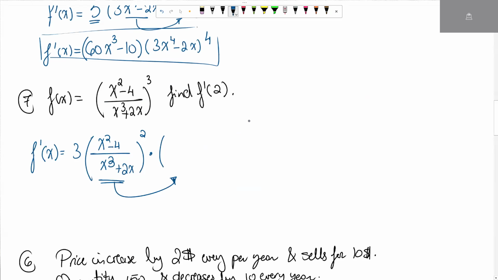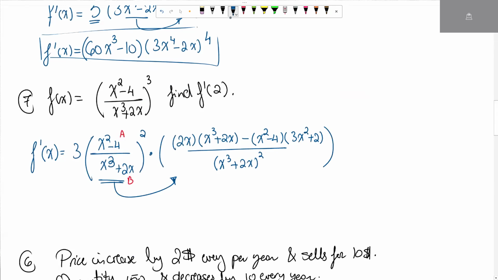Now, what's inside is already a quotient rule, which means this is A and this is B, and I'll have to apply it as the derivative of the first one, which is 2x, times the second one as it is, x to the power of 3 plus 2x, minus the first one as it is, x squared minus 4, times the derivative of the second, 3x squared plus 2. All of this is then divided by the second one to the power of 2.